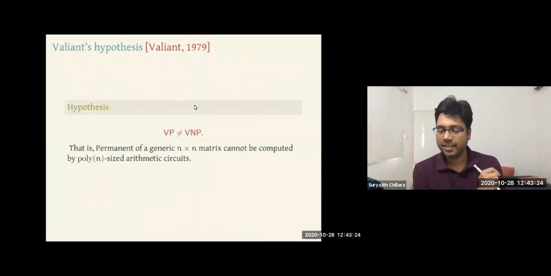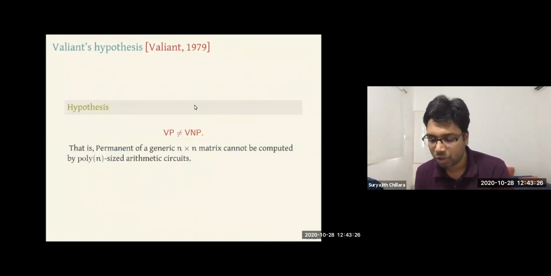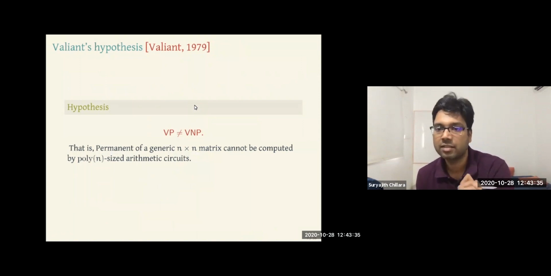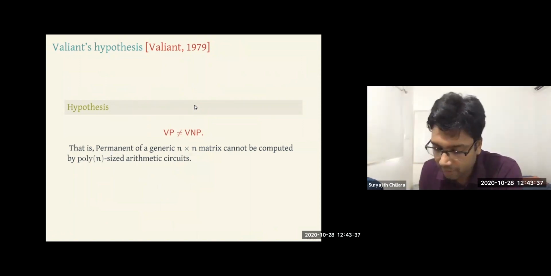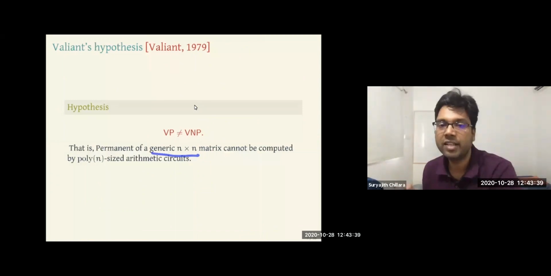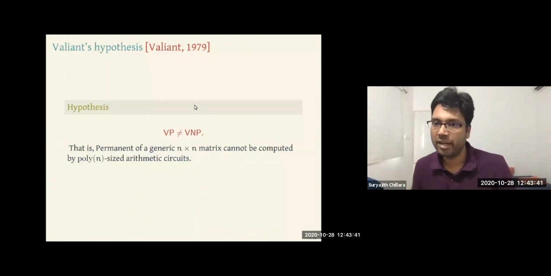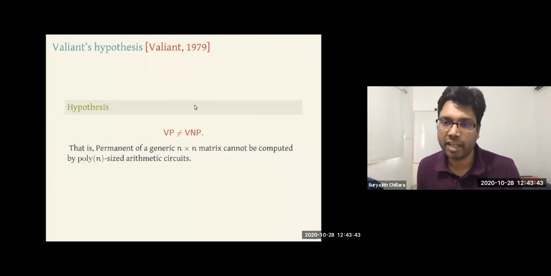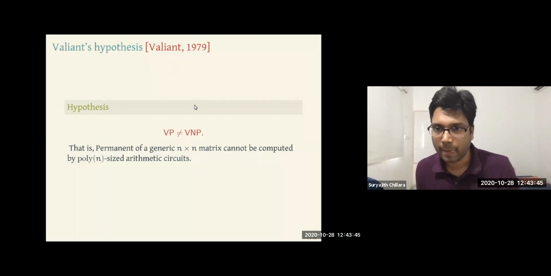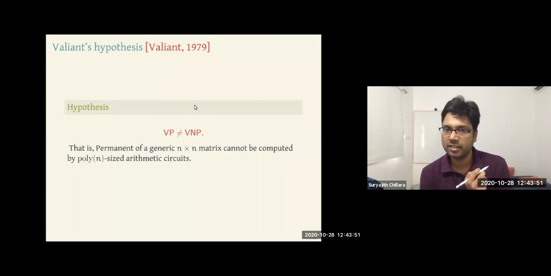So Valiant hypothesized that VP is not equal to VNP, and in particular, that the permanent of a generic n cross n matrix cannot be computed by polynomial size circuits. So what does this mean? When I say generic n cross n matrix, that means I'm taking an n cross n matrix, all of whose entries are distinct variables. So the permanent of a generic matrix cannot be computed by polynomial size circuits. This is what he conjectured.